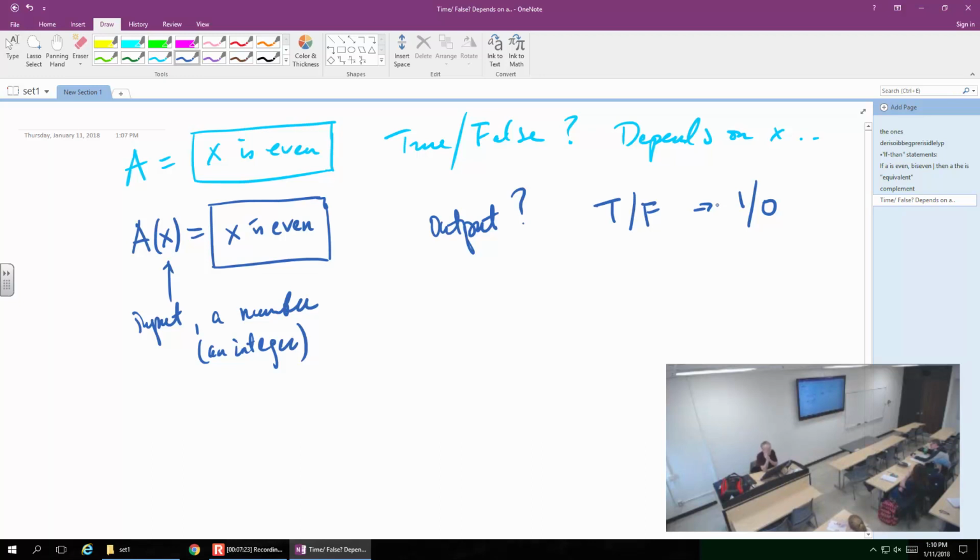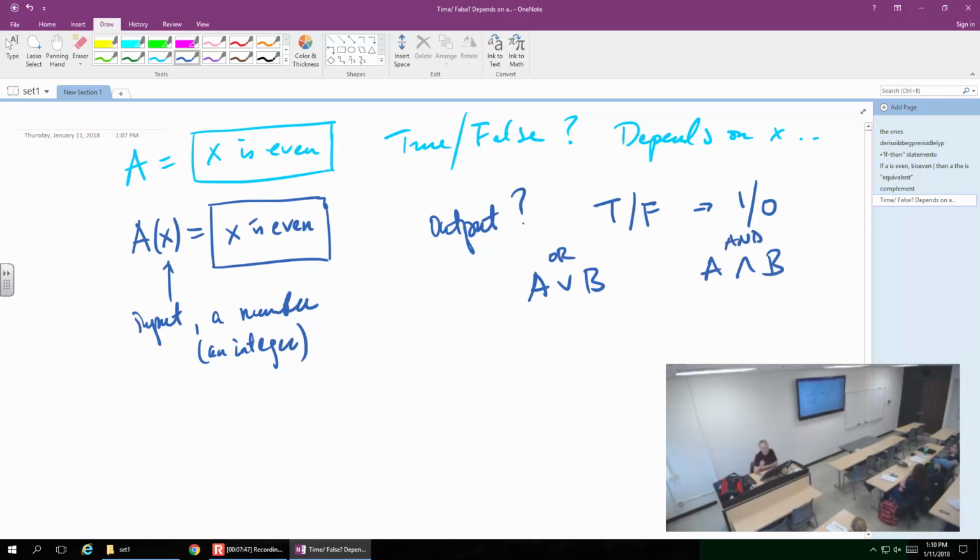Because some of the combinations will be... so let's look at this. Say we could talk about the statements A with or, and I could also talk about B with and.